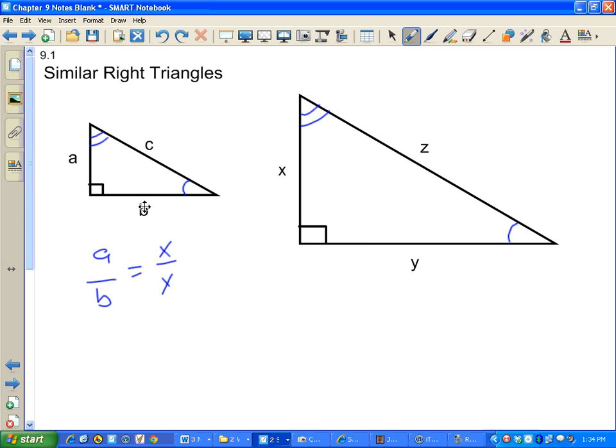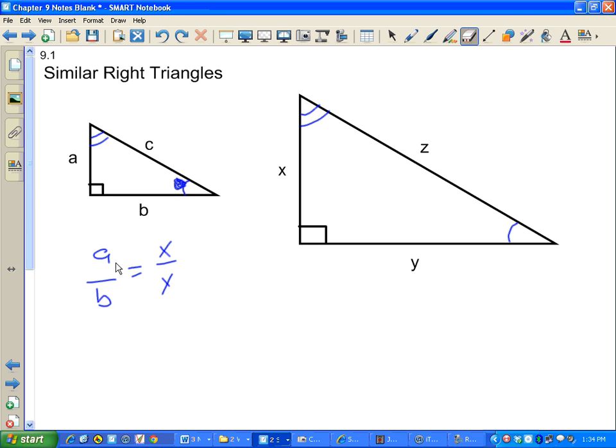So this side over that side creates some fraction, and x over y creates the same fraction, and I could have 1,000 different right triangles that all had these same angles, and I would get this exact same fraction every time. So the deciding factor on what that fraction is, is the measure of this angle. Because if that angle is the same, I'm going to get this same number every time.